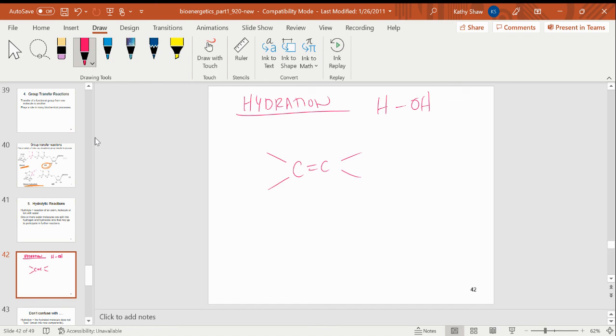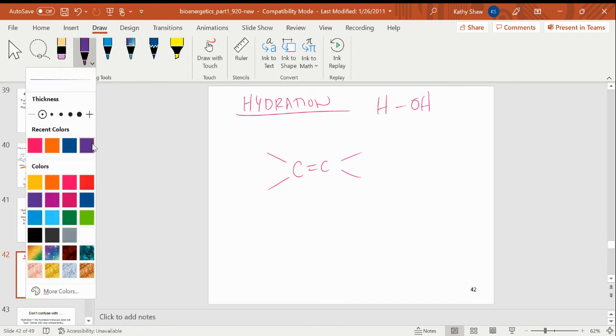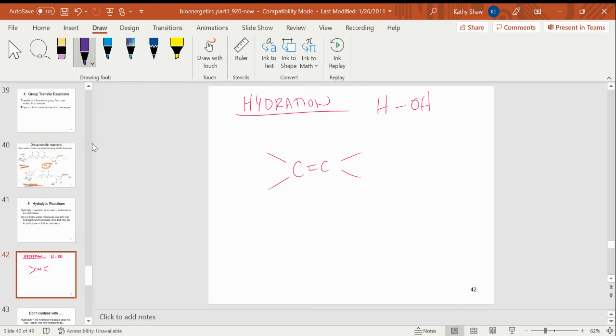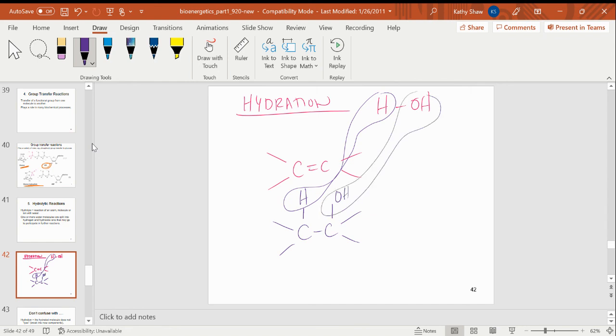So what I'm going to do is this. I'm going to open up this double bond, as in I'm going to get rid of the double bond. What that allows me to do is attach the hydrogen to one side of the double bond and the hydroxyl to the other side of the double bond. So I split the water molecule, put part of it on one carbon, part of it on the other carbon. So now most frequently I'm ready to oxidize again.